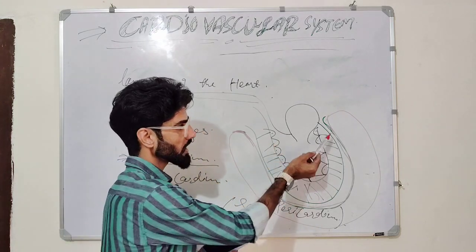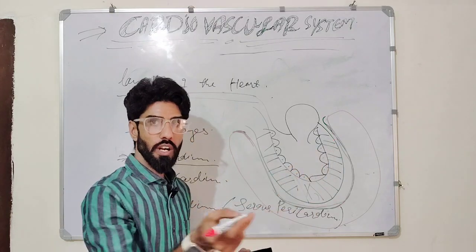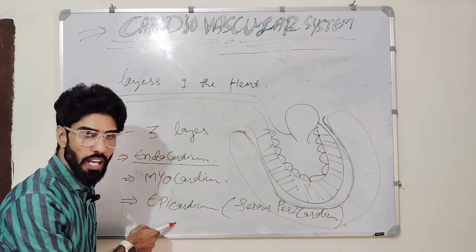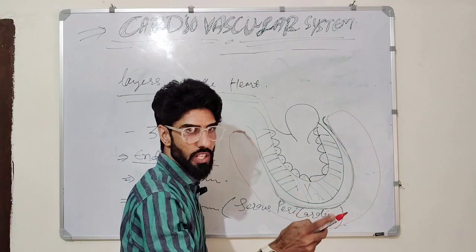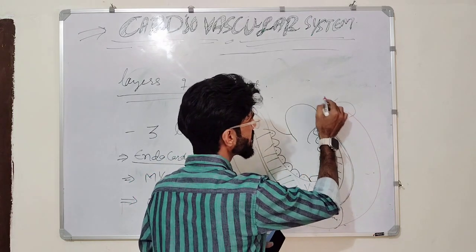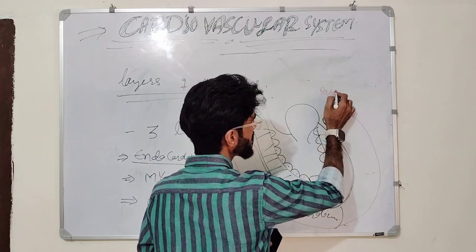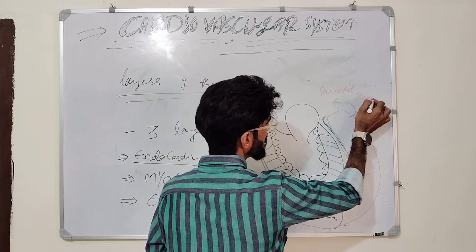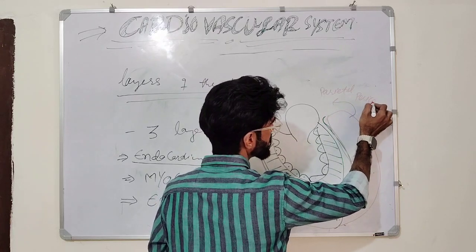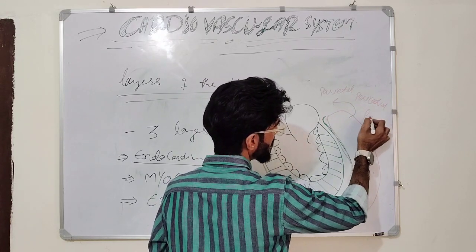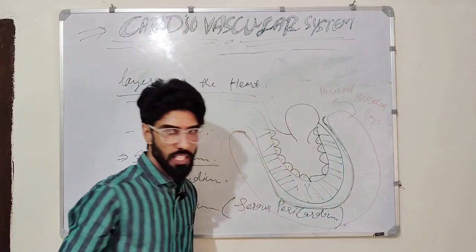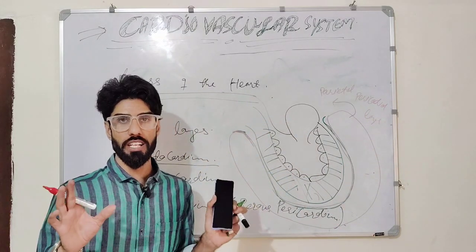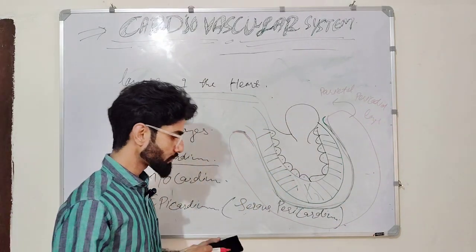One is the serous pericardium, which is also called epicardium, and the outer layer is called the parietal pericardium. Serous pericardial layer and parietal pericardial layer.